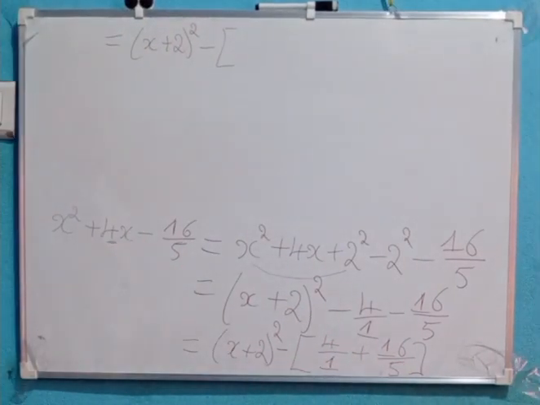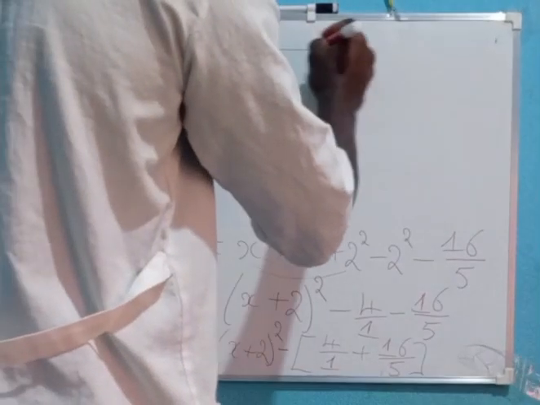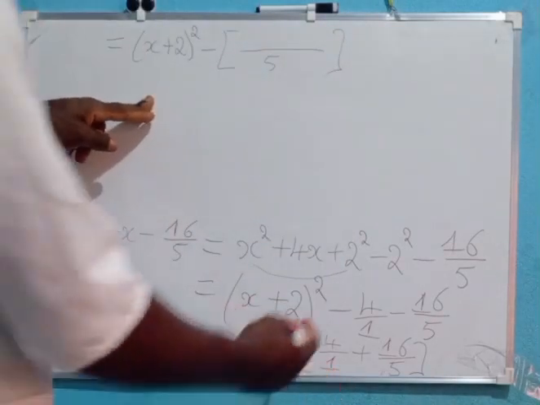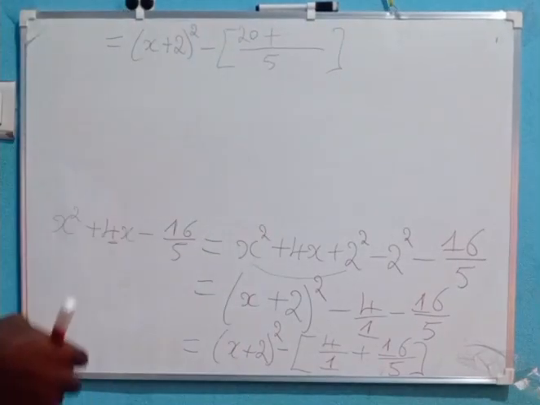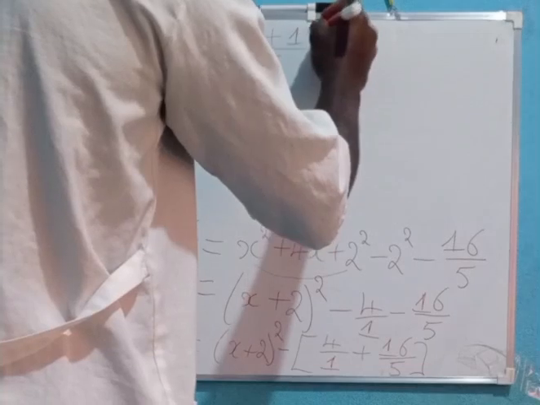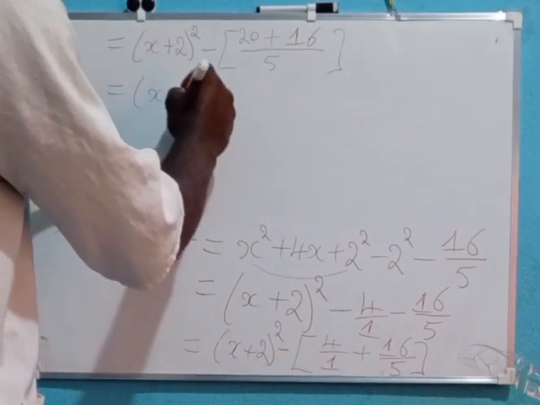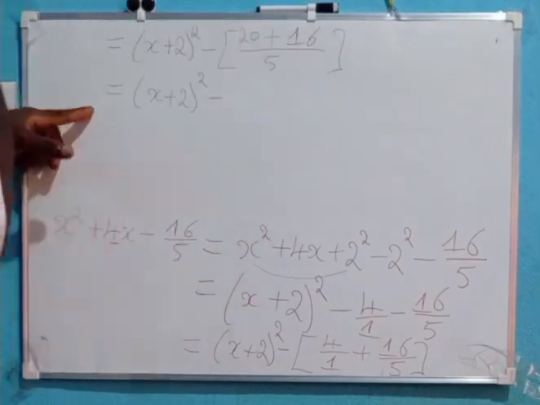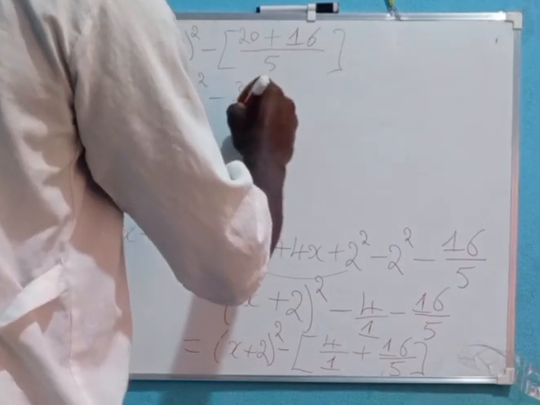This will be equal to (x plus 2) all this squared minus, we have to add these two numbers in bracket. The LCM of the denominators, the LCM of 1 and 5 is 5. 5 divided by 1 remains 5 times 4, 20, plus 5 divided by 5 gives us 1 times 16 gives 16. This will be equal to (x plus 2) all this squared minus 20 plus 16 gives us 36 over 5.